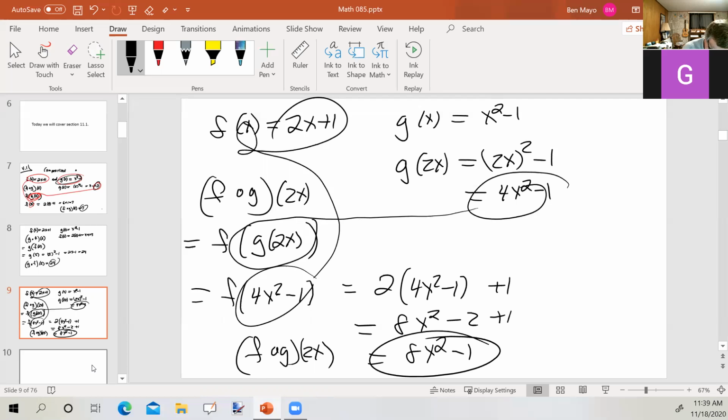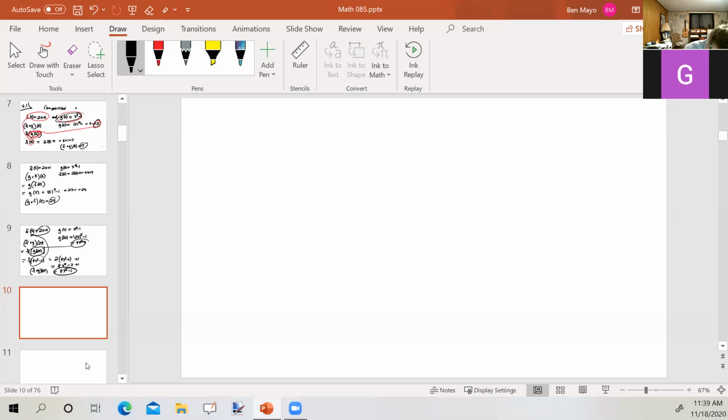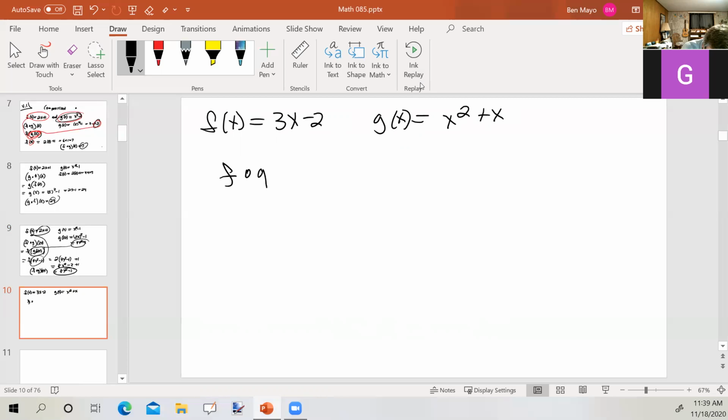Here's some new ones. Let's say that f of x equals 3x minus 2, and g of x equals x squared plus x. Let's find f composed with g of 4.